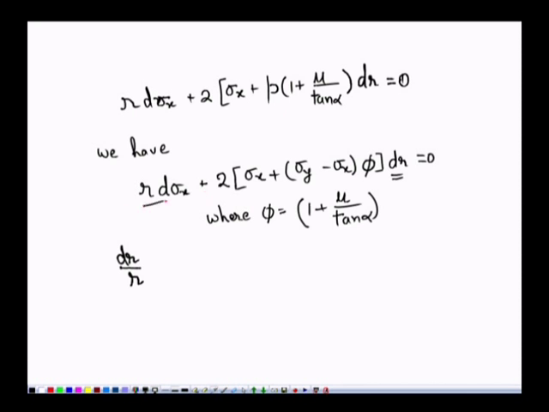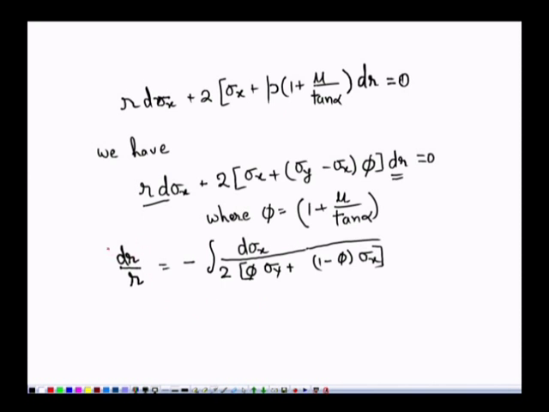So dr by r becomes minus d sigma x upon 2 times phi sigma y plus 1 minus phi into sigma x. So this is our term.